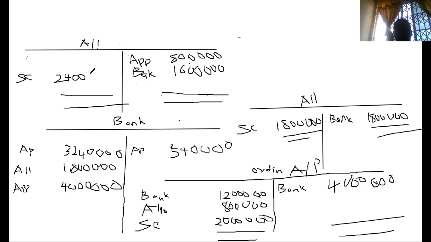Sorry for that. 2,400,000. So that you close it. So when you come to bank, you see here is application for ordinary shares. Application for ordinary shares will be 1,600,000.